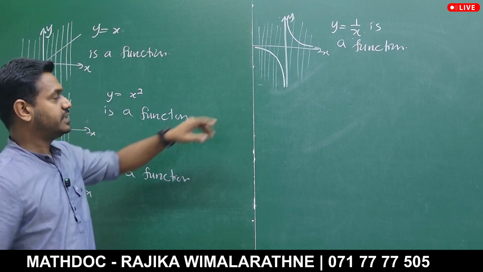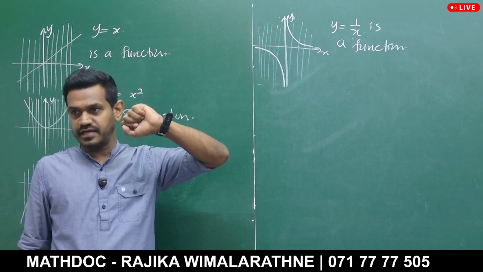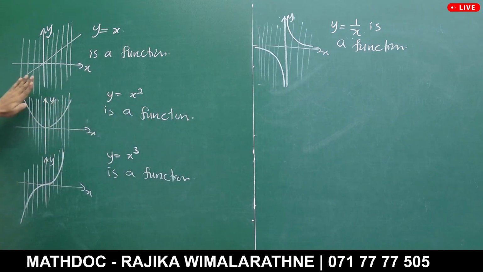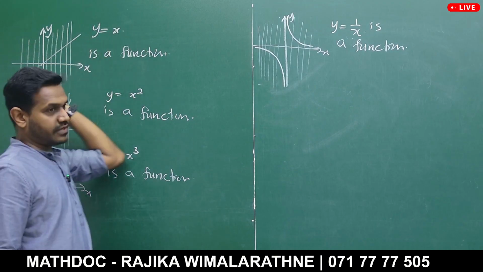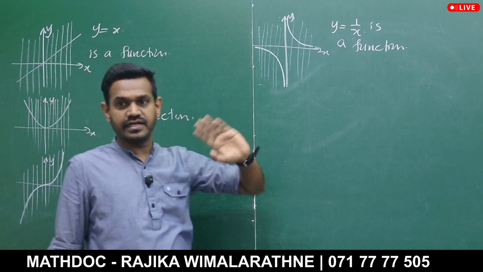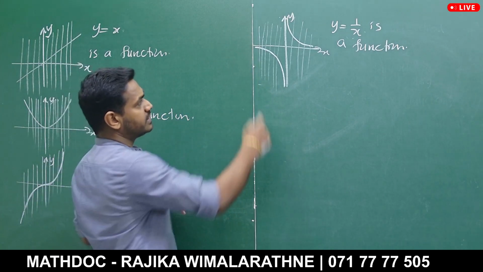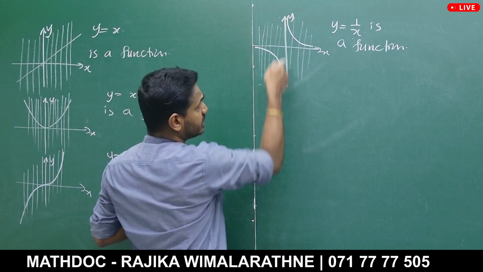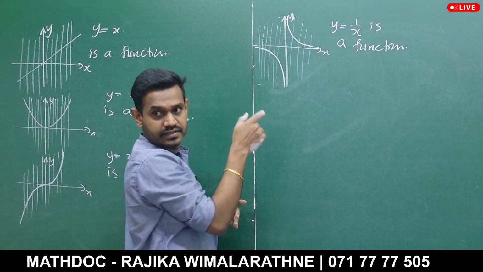Okay, you see here, there's one specialty. Carefully see that. In all the other cases, every vertical line is cut at one point. But when you carefully see this one, here this vertical line doesn't cut.